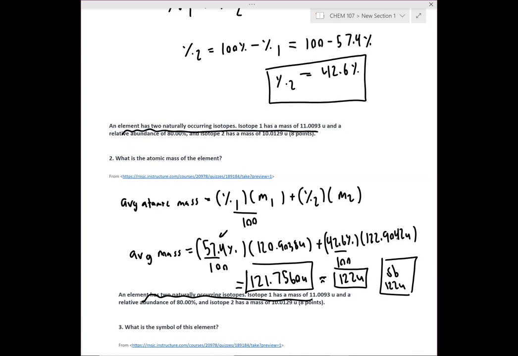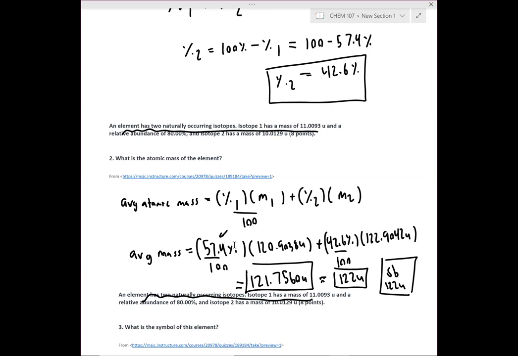Yes, but we have to convert our percentages into a decimal in order for this percentage to be used to calculate a weighted average. If we didn't divide by 100, we would get masses that are 100 times too large. Essentially, this percentage can be used to calculate a weighted average if you convert the percentage into a decimal.